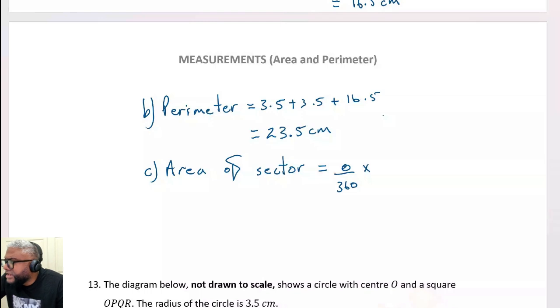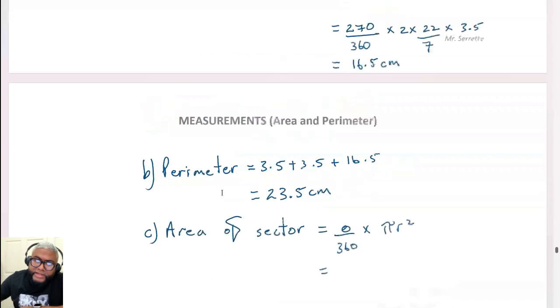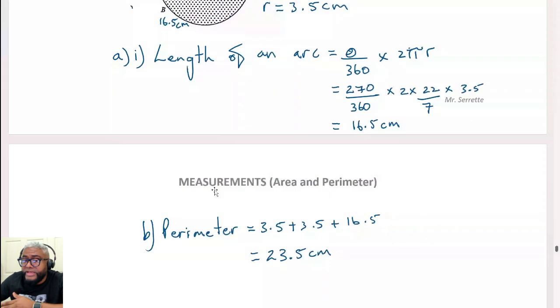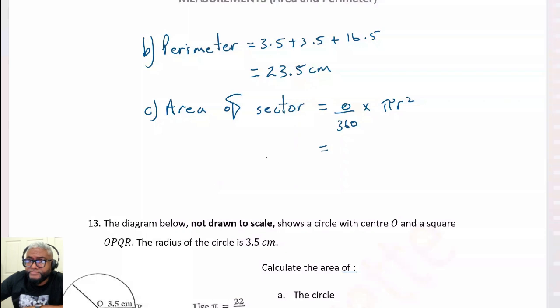What's theta? Theta will be 270. So 270 over 360 multiplied by 22 over 7 multiplied by what is my radius?